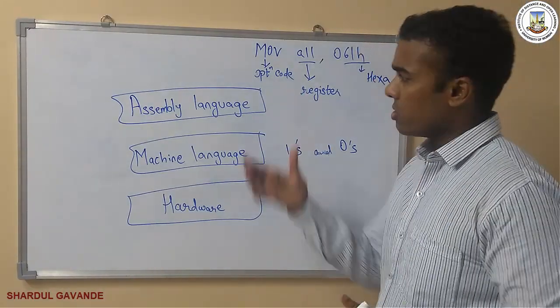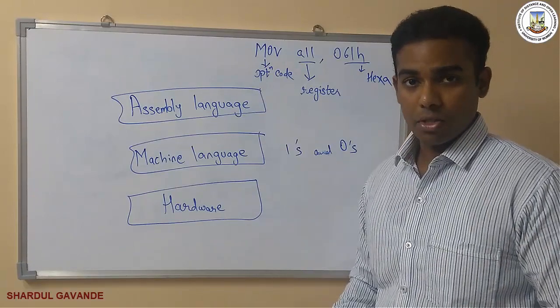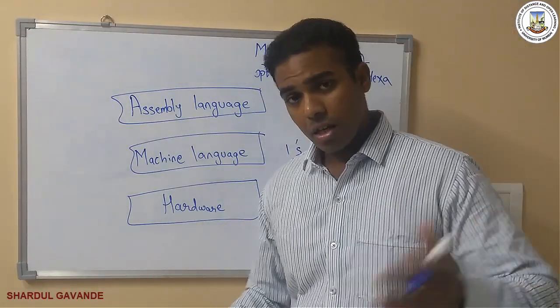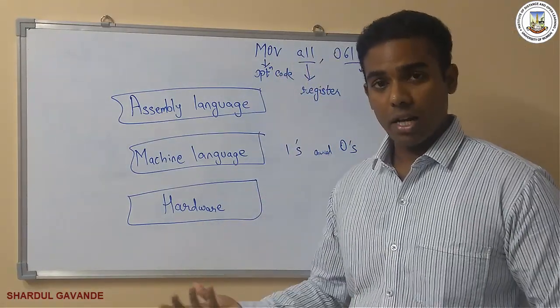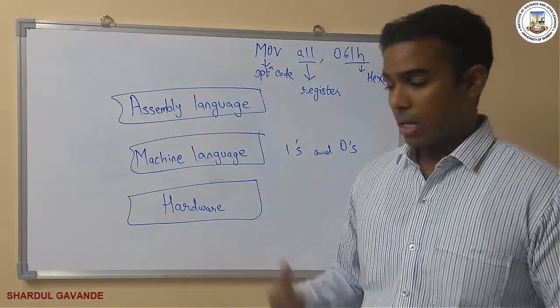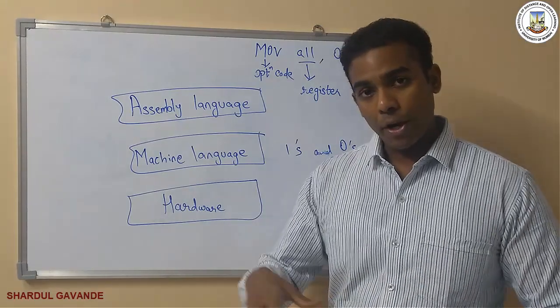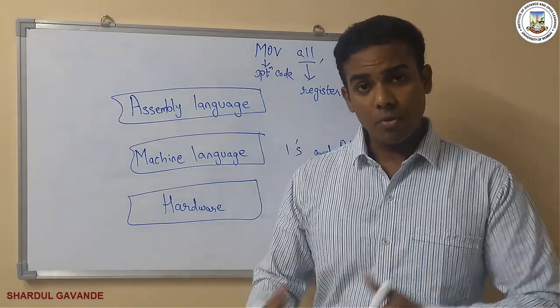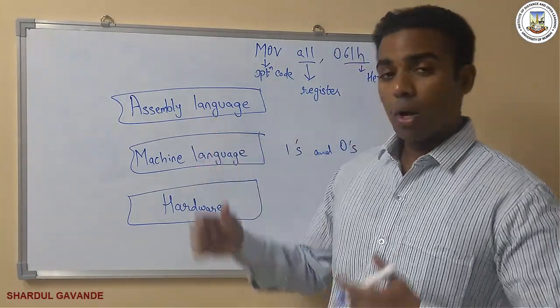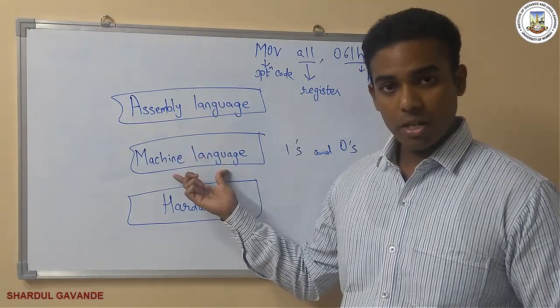But hold on, this is a low level language, right? The question comes here: how would the machine understand this low level language? It understands only machine language. So there must be some component or a person who converts or translates this assembly low level language into machine language. Yes.